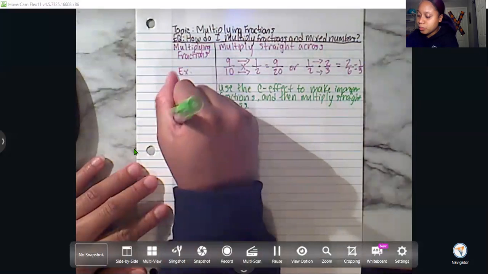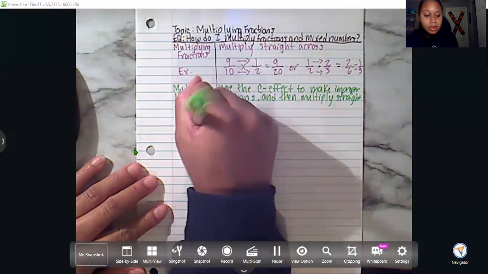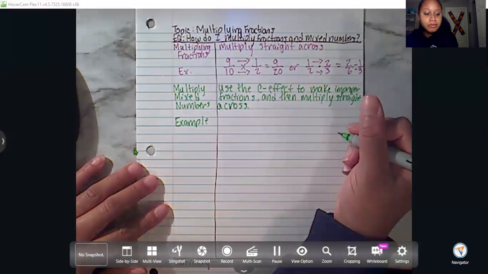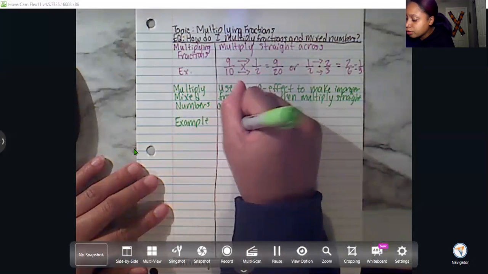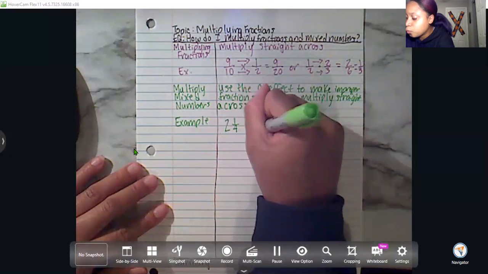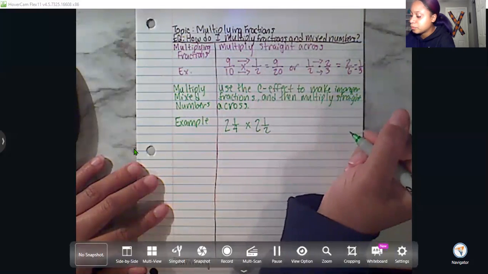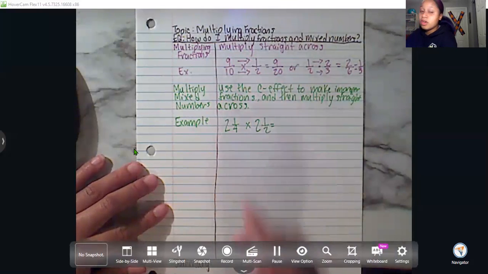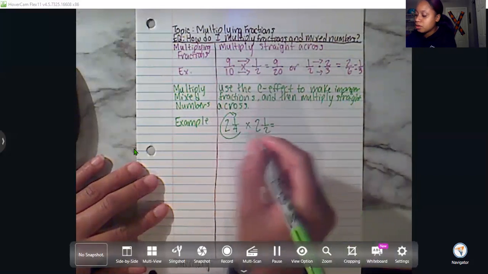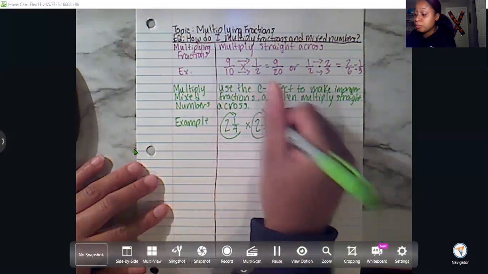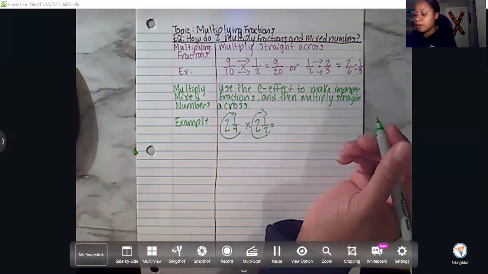So our example that we are going to do here is 2 1/4 times 2 1/2. The first step, we need to use the C effect on both parts of the problem.